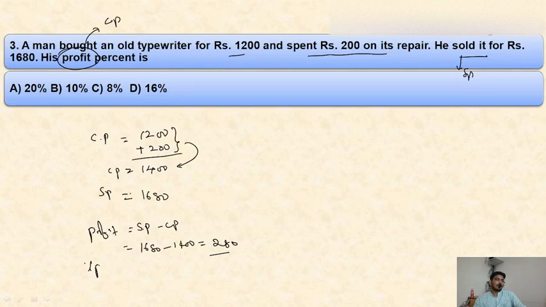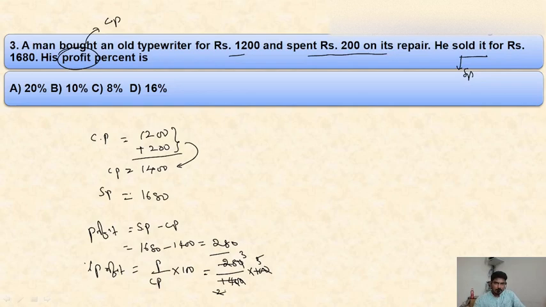Next we need to calculate the profit percentage here. Profit percentage will be equal to profit divided by cost price into 100. So what is the profit you are getting? 280 out of cost price, that is 1400, into 100. If we eliminate the common zeros, the 0 0 and this 0 0 get eliminated.